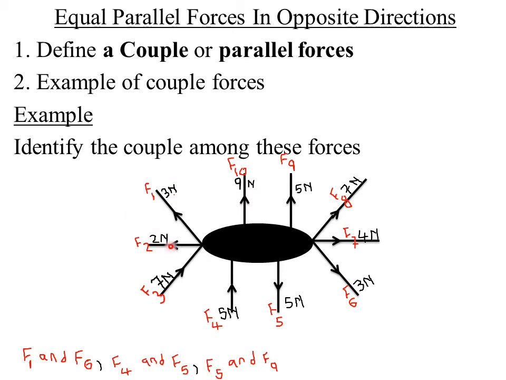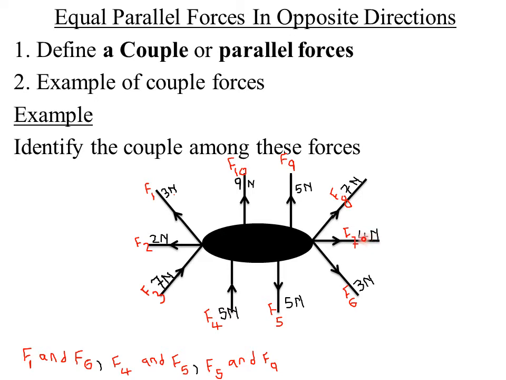Then we investigate maybe force F2 and maybe something like force F7. You look at force F2, it is moving in this direction, that is towards my left hand, whereas force F7 is moving towards the right hand. So the forces are moving in opposite directions. They have satisfied one of the conditions. Then force F2 has a magnitude of 2 Newton, while force F7 has a magnitude of 4 Newton.